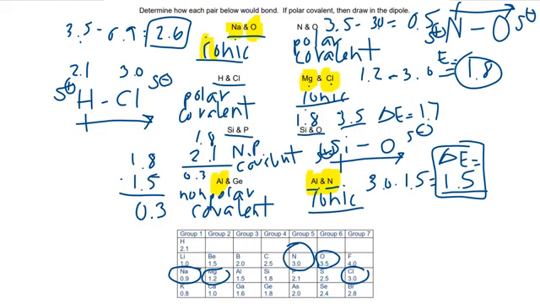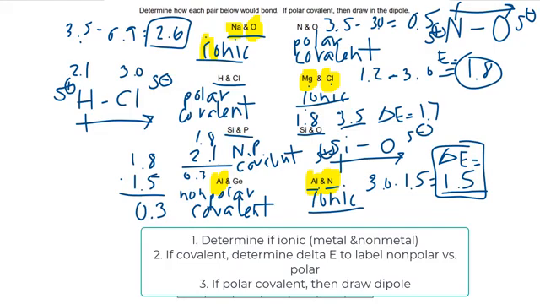All right, so hopefully this helps you to see that we can use our electronegativity chart to look at the differences in electronegativities. My nonmetals have a greater pull. My metals have less of a pull. And we need to determine first if a species is ionic. Look at metal and a nonmetal.